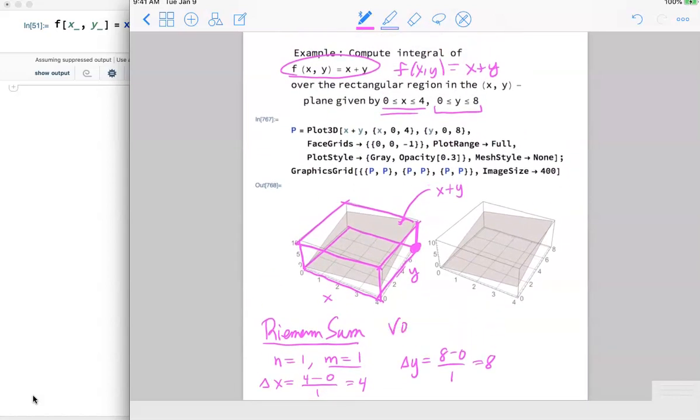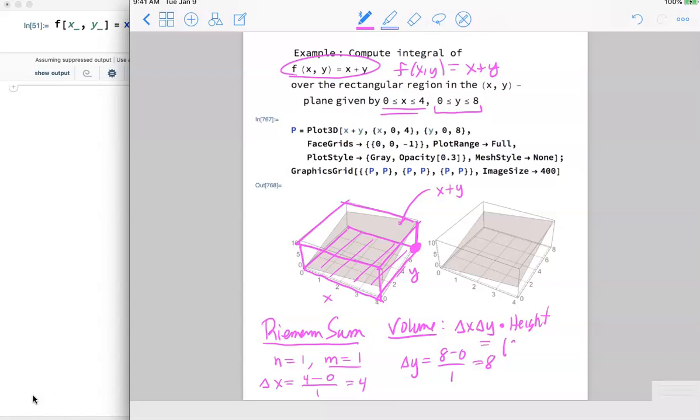So the volume of that pink rectangle would be the area of the base, which we got from delta x times delta y, multiplied by the height of the box.